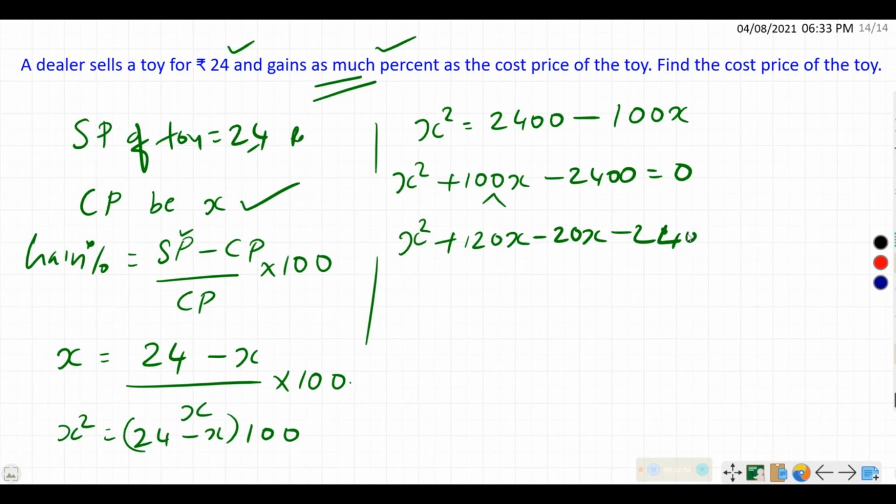So 120 into 20 will do the needed, yes. So in that case we can rewrite it as x plus 120 or x minus 20.